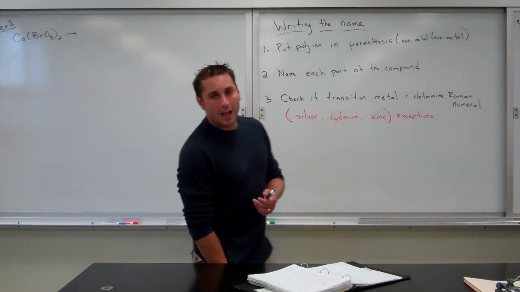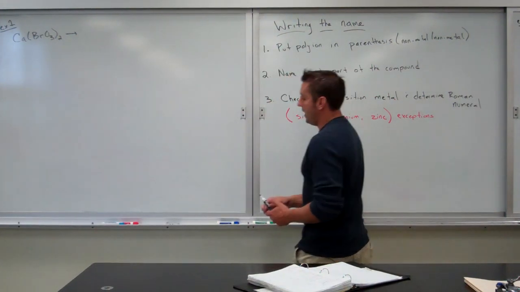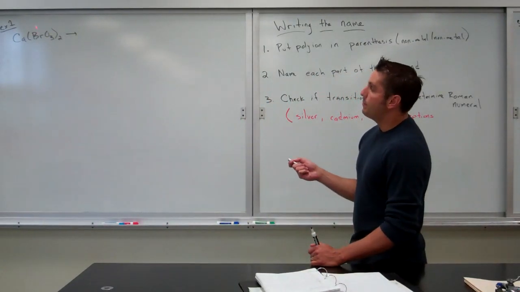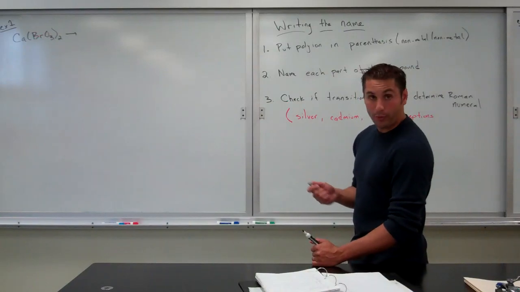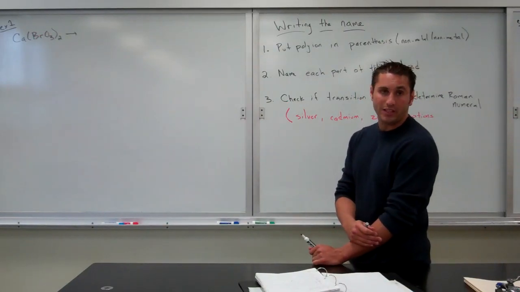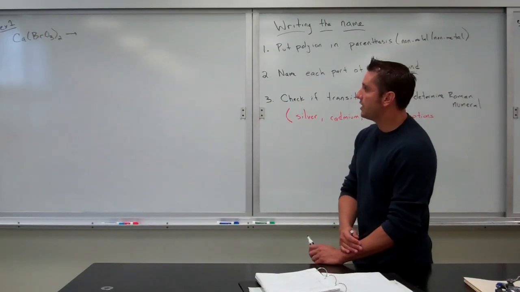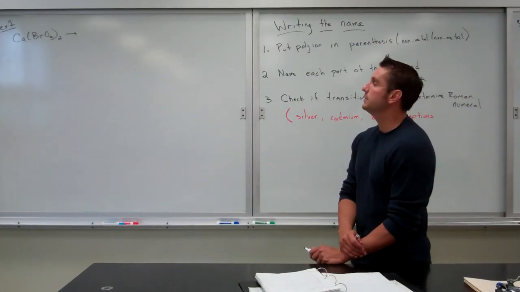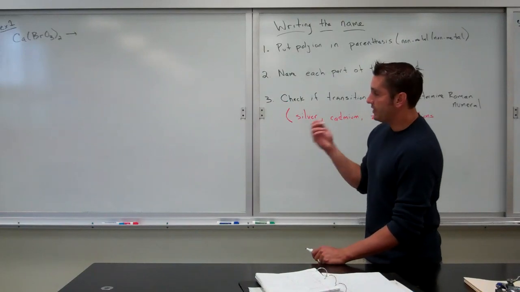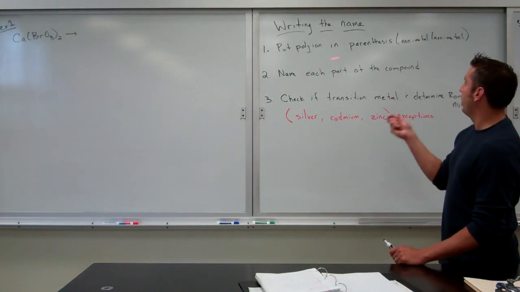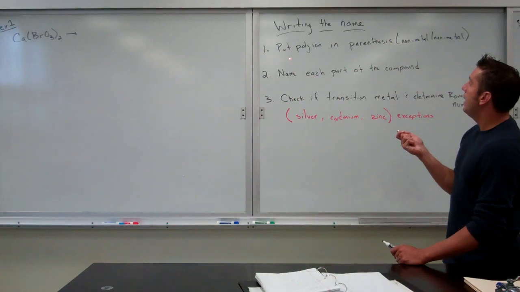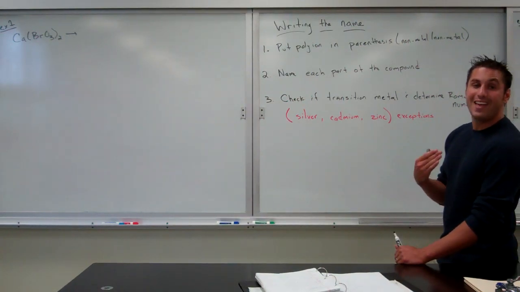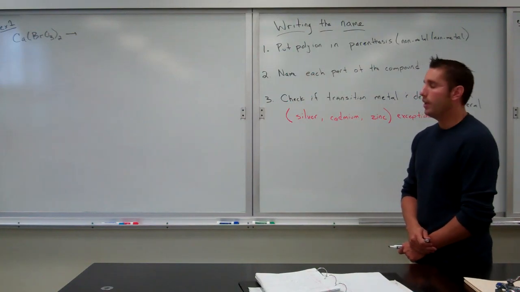So, as I look at that compound, the first thing that I need to do is figure out, is it ionic or covalent? Because I see 1, 2, 3 different elements, right away I know it's ionic. Because the only types of compounds that we will have that have more than 2 elements are ionic ones. Then, once I identify this as ionic, I want to follow my steps to getting the name. It says put the polyion in parentheses. Well, because there's more than one, that is already done for you.